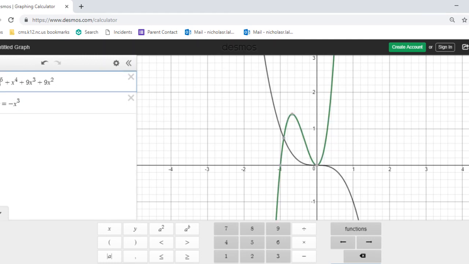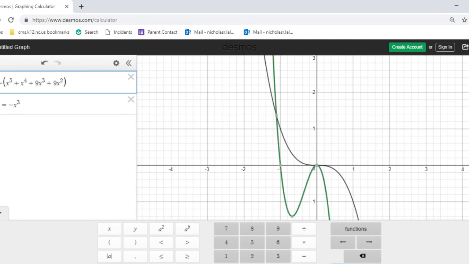How can I keep the same zeros with this function over here? What could I do to keep the same zeros and change the end behavior? By having a negative sign, I have the same zeros, but now I've changed the end behavior.